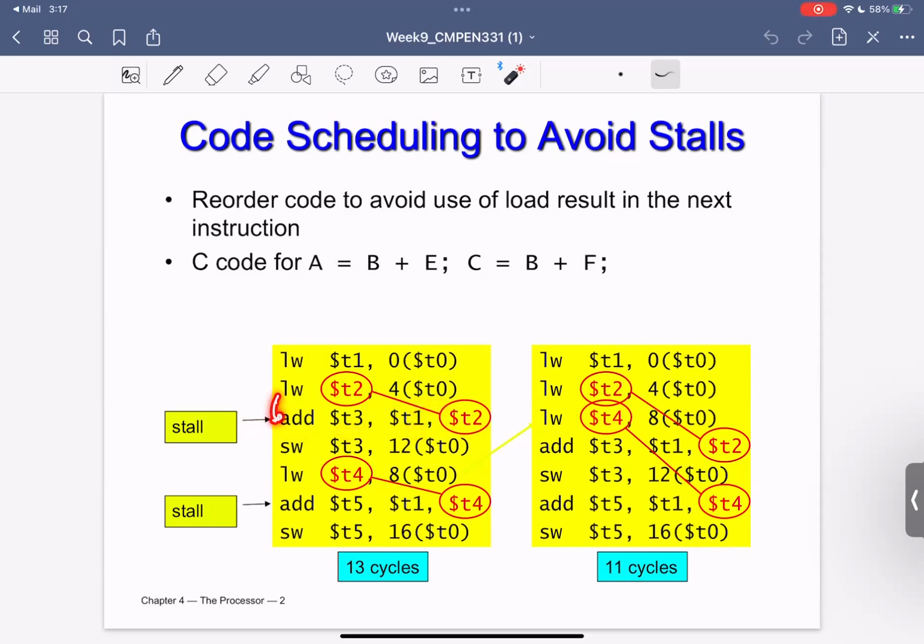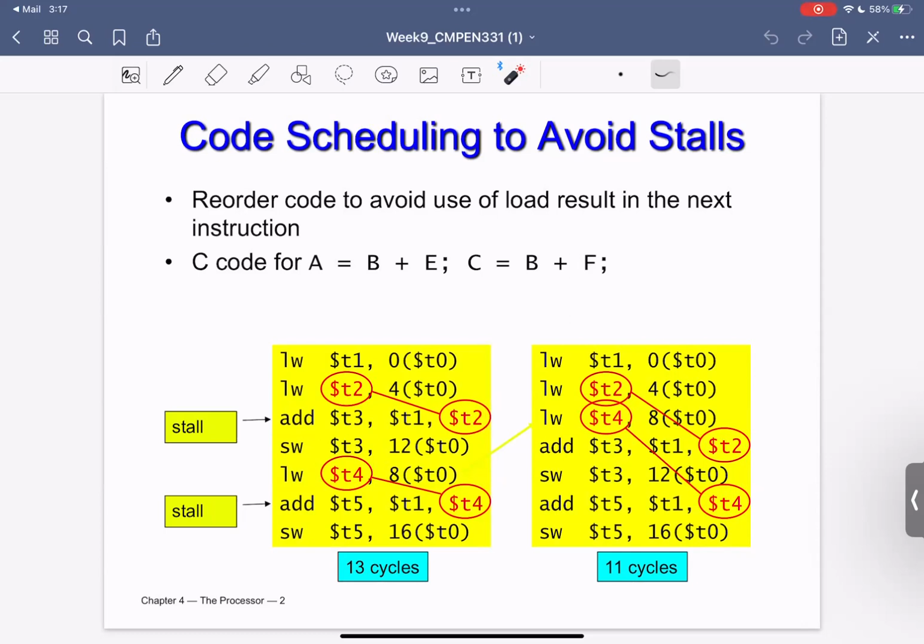Unfortunately, because this is directly after that, and as we have shown earlier, the data hazard will occur, and then I have to stall. If I have to stall, then I will add one stall here. The same occurred actually with this one also, so I can have another stall here. But if I do code scheduling, meaning that the order here will change a little bit, we have to make sure that this order will not negatively affect any of the results.